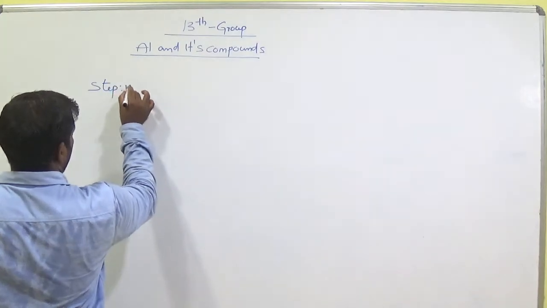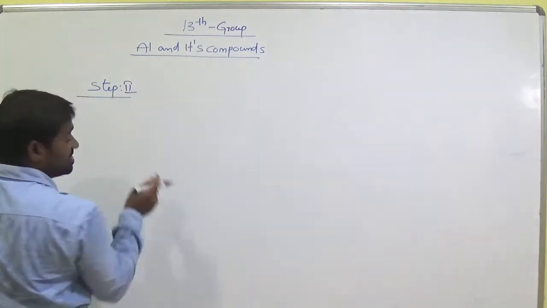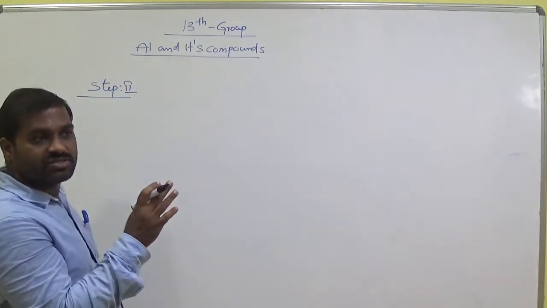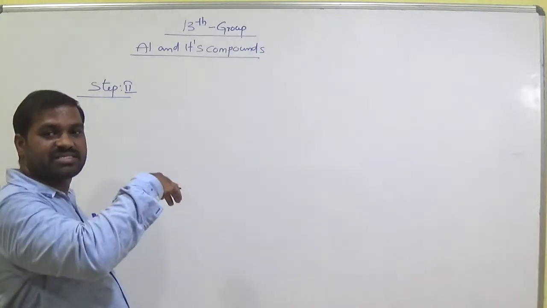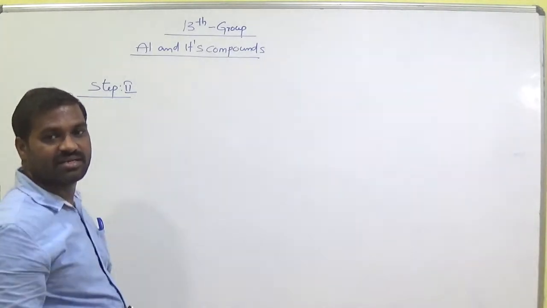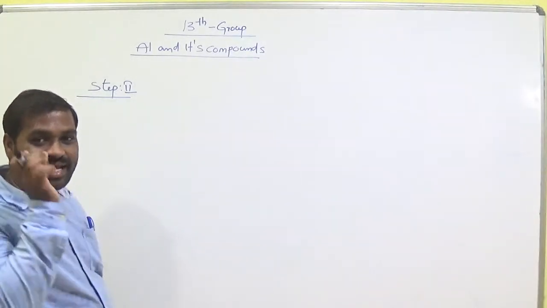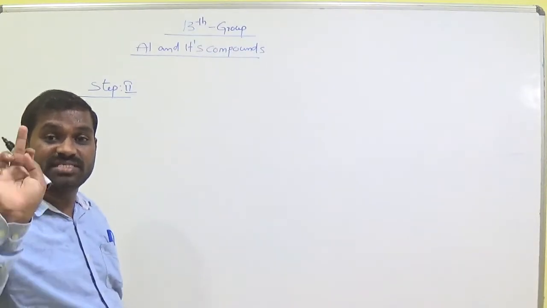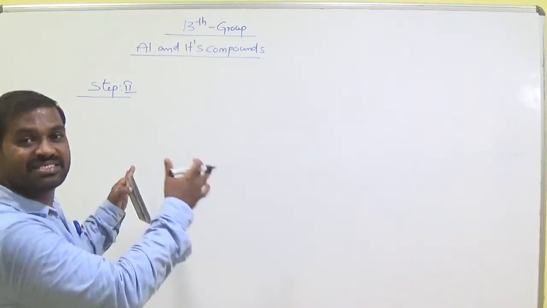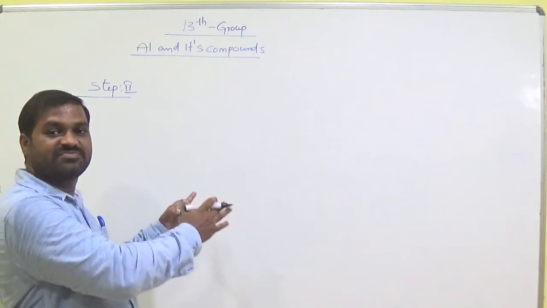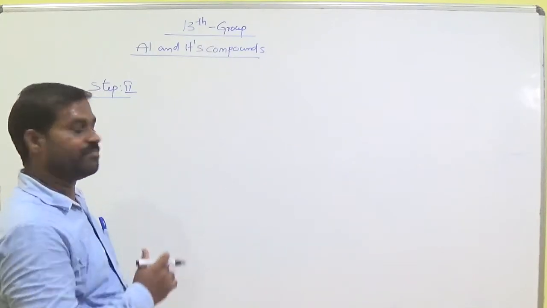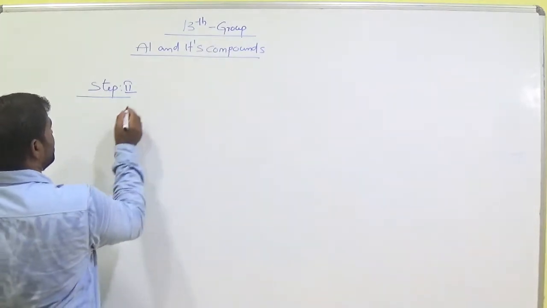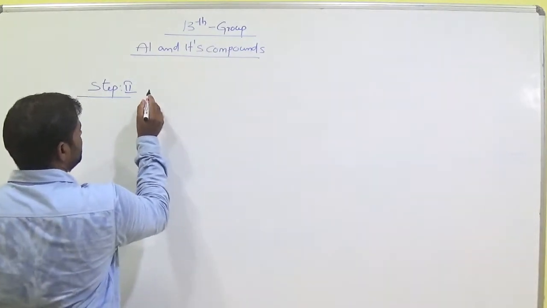During the extraction of aluminium from Al2O3 in the second step, what type of reactions take place in that iron cell?